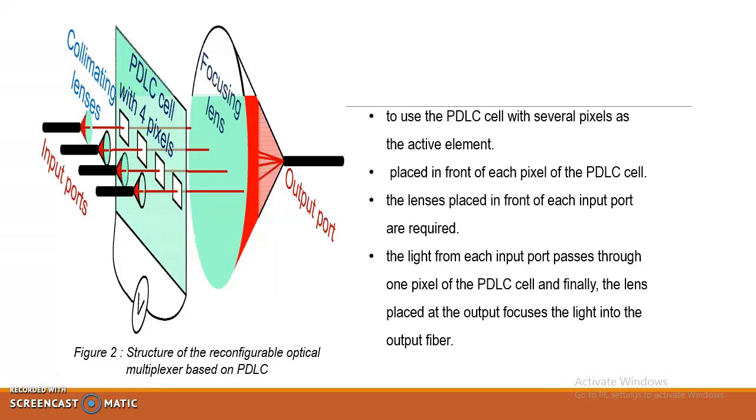It is also placed in front of each pixel of the PDLC cells. Next, lenses placed in front of each input port are required. Lastly, the light from each input port passes through one pixel of the PDLC cell, and finally the lens placed at the output focuses the light into the output fiber.